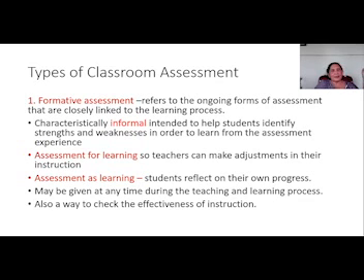Suppose ang average is 6. Nakuha mo na ang mean, 6. Divide that by the total number of test items. Ilan ang test items? 10. So, 6 divided by 10 is 0.6 or 60%. Is that satisfactory?